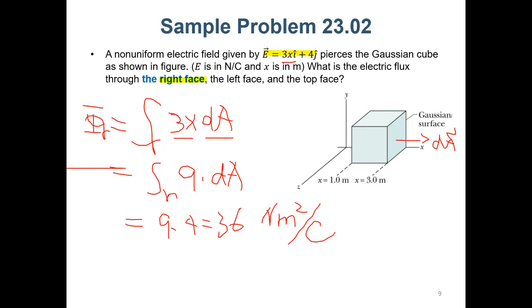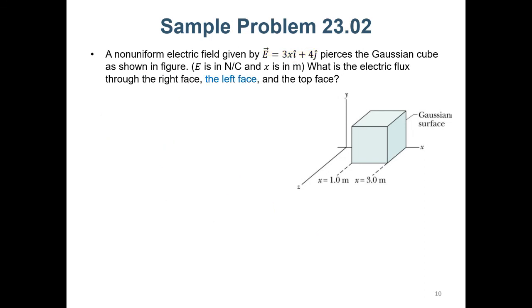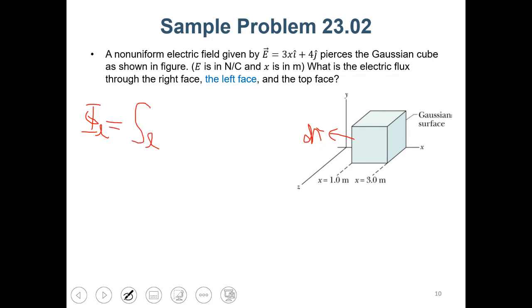So maybe we can quickly finish the other two. For the left surface, dA points to the left side. So phi left should be integrating over the left surface, and then 3x. 3x is along the positive x-axis, and dA is along the negative x-axis.